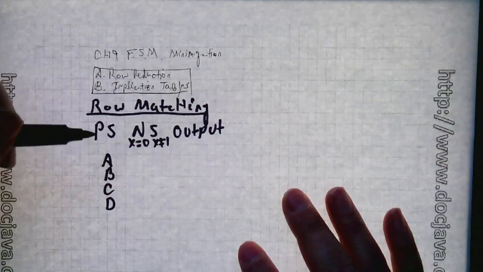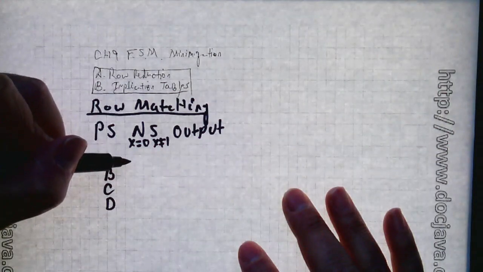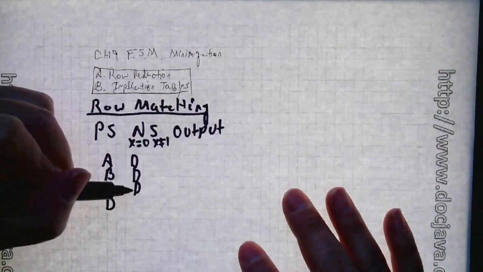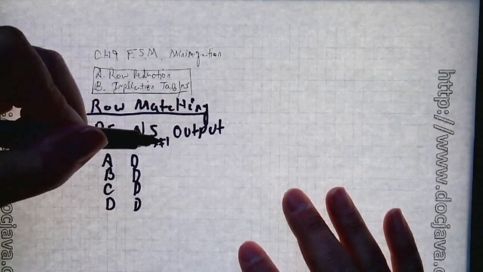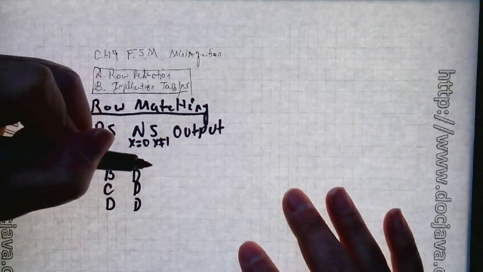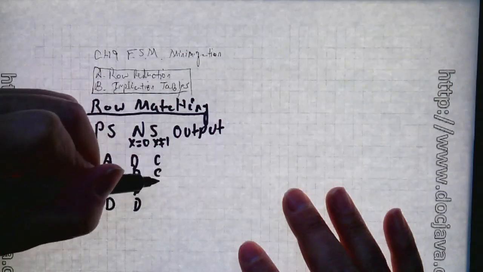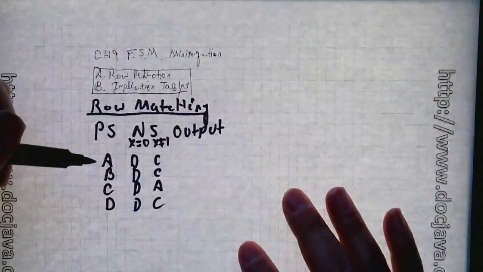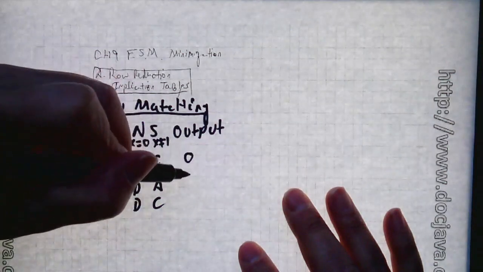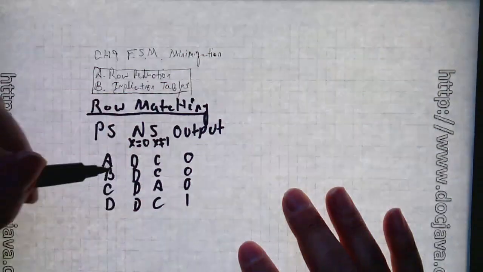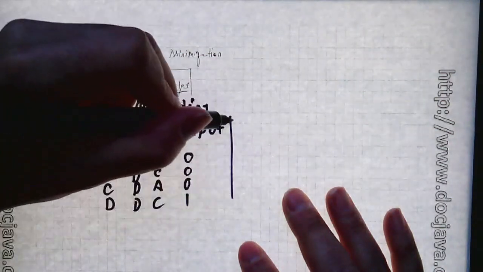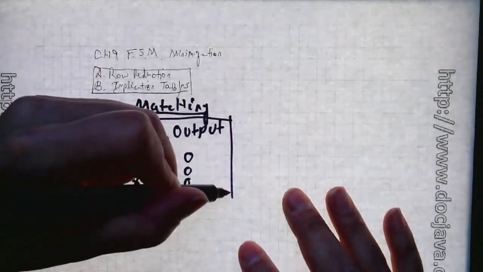And then we'll write out D and CCAC. And then in the output, 0, 0, 0, 1. And that is our given.